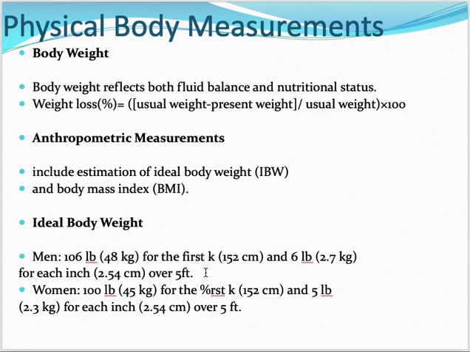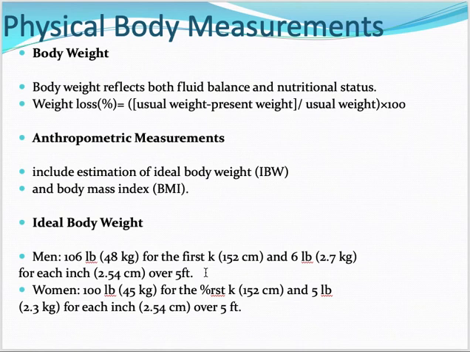So of course the body should be ready for all these things. So we can take the clinical history, number one. We can take the body weight. As you can see over here, body weight reflects both fluid balance and nutritional status.